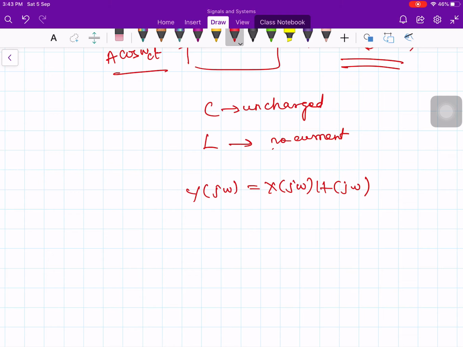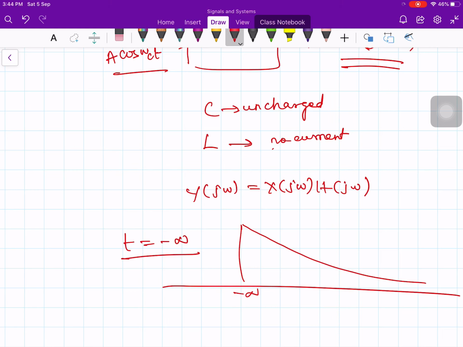Since we are starting our time, the application of these inputs, at t equals minus infinity, and if the system has a natural response which dies out with time, that is, the natural response poles have negative real parts, that is, natural frequencies have negative real parts, then what happens is, starting from minus infinity they decay down. Okay, from minus infinity it slowly decays as the time goes to 0 value before it reaches t equals 0.